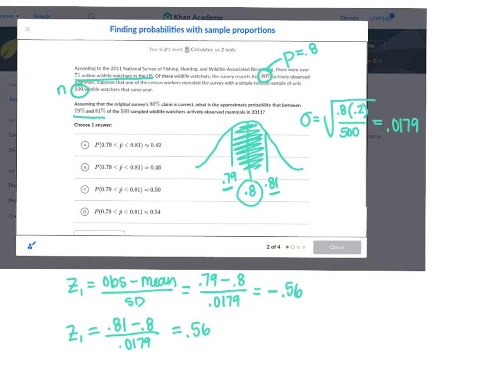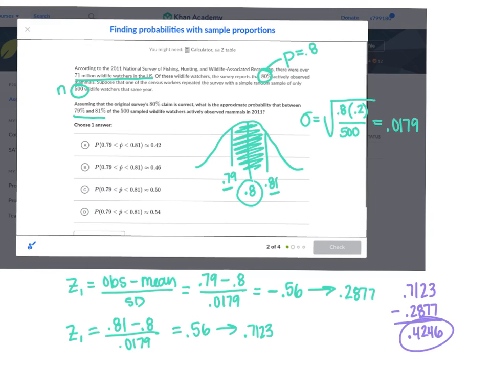So now I'm going to go to that Z table and get each of those probabilities. So what probability is associated with being 0.56 below the mean and 0.56 above the mean? So I'm going to look those up real quick. So to find the difference, I take 0.7123, that upper probability, and I subtract off what's below the lower, because I'm looking for the difference, and I get 0.4246.